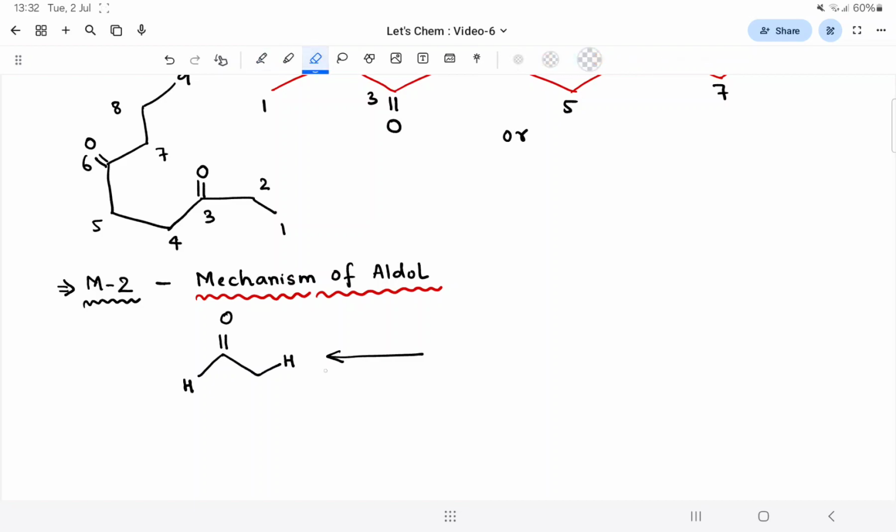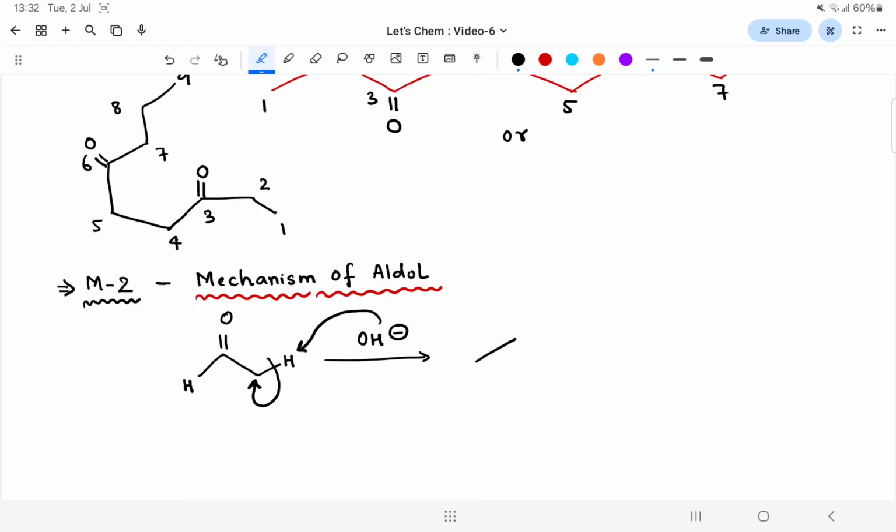Okay, now what is going to happen is this is going to react with OH minus. So I'll be writing the mechanism of the reaction. Now what happens in the first step is this OH minus attacks the hydrogen here, and this hydrogen gives its electron here.